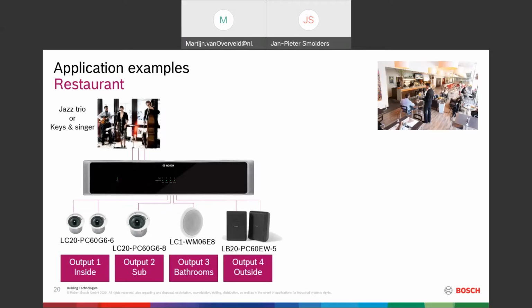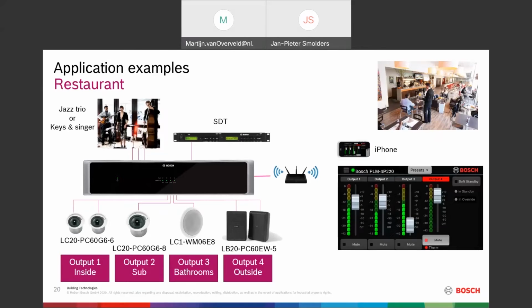We will use 3 inputs on this amplifier for instance, a jazz trio or a keyboard player with a singer or performer. And then on the 4th input, which is available on this amplifier, we can connect a background music source, like the SCT, for instance. For control, again, a wireless router, and we control it via an iPhone or any iOS device we have.